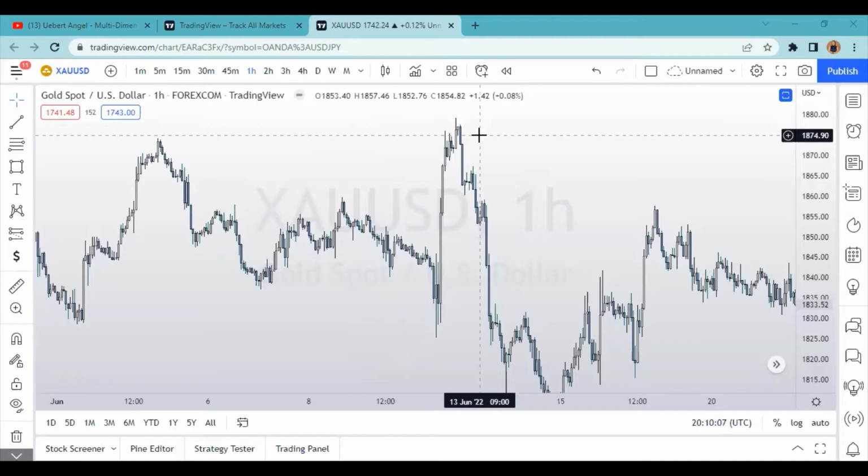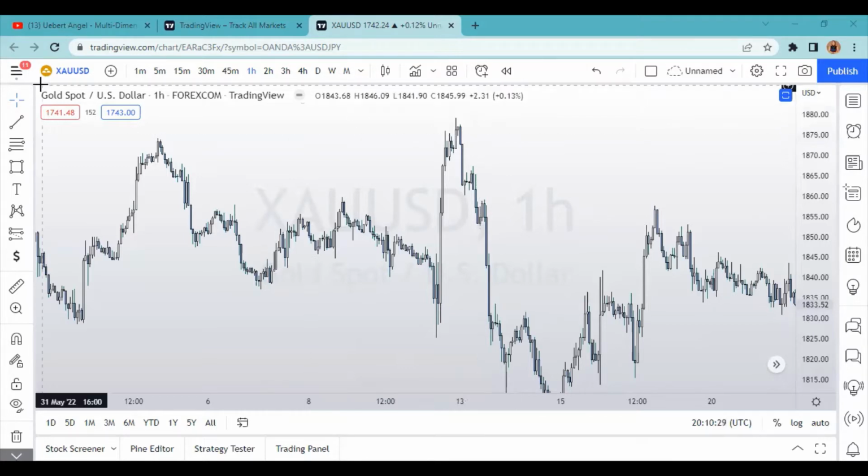I would assume you already know what support and resistance is, and you already know the break of structure. You already know what momentum is. You already know your engulfing patterns, your M and W formations, your chart patterns and all of that.